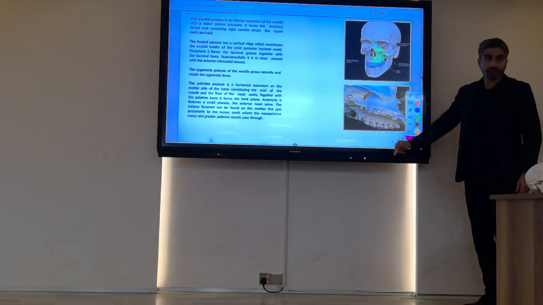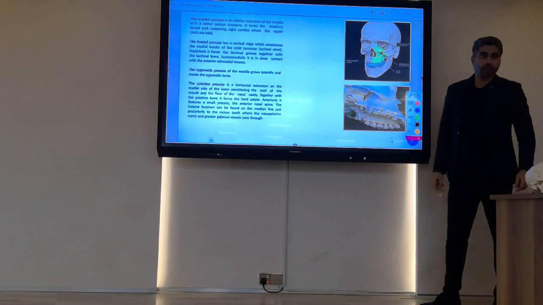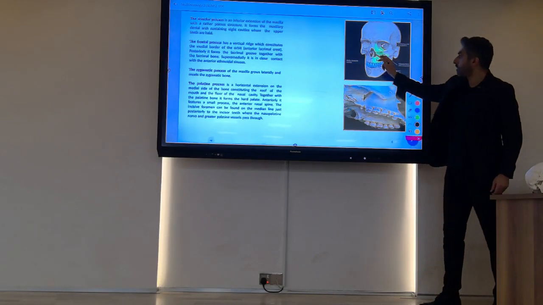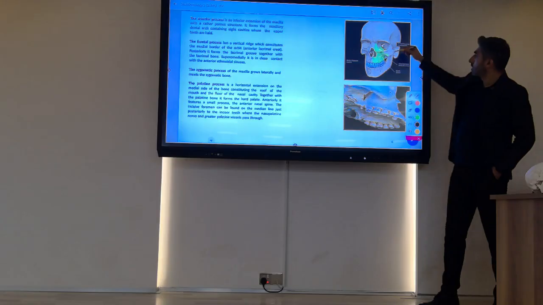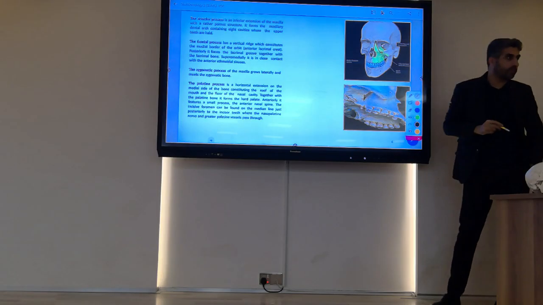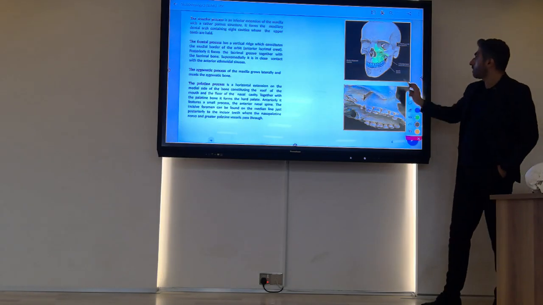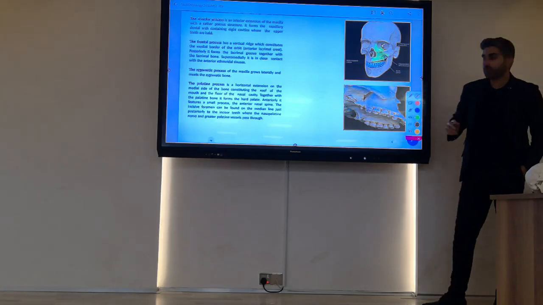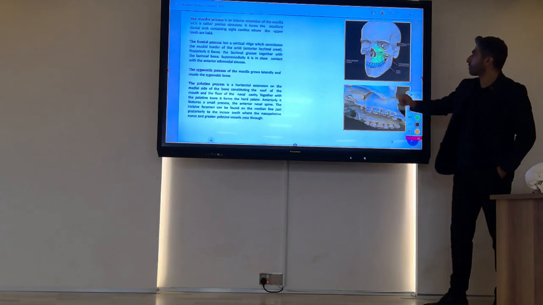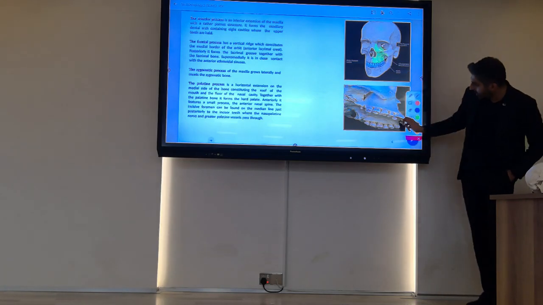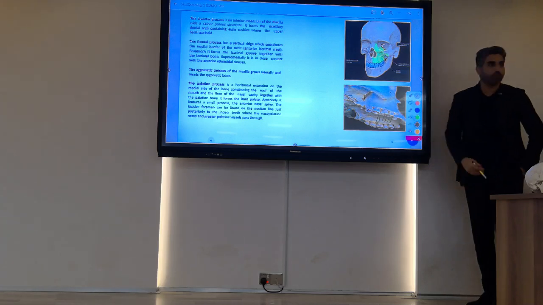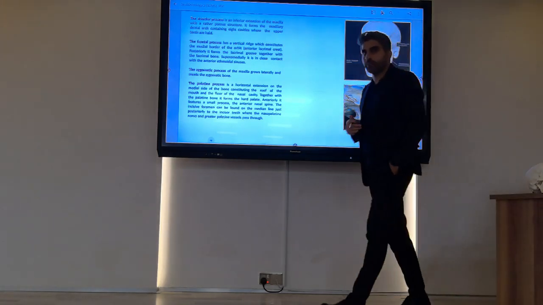Look here. Infraorbital foramen, body of maxilla, frontal process of the maxillary bone, alveolar process of the maxillary bone, zygomatic process of the maxillary bone, and here is the palatine process in the hard palate.